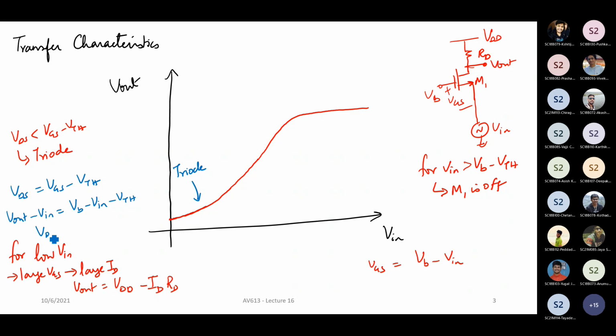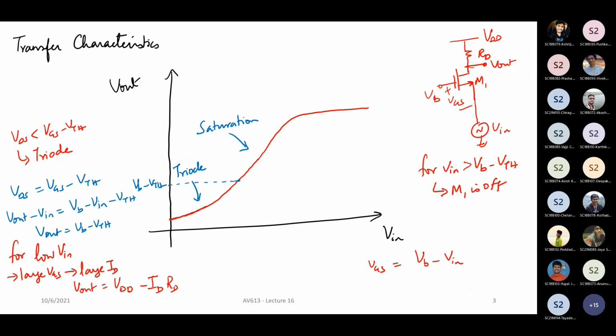So for Vout equal to VB minus VTH, that is the point where it enters saturation. Below that, it is going to be in the triode region.